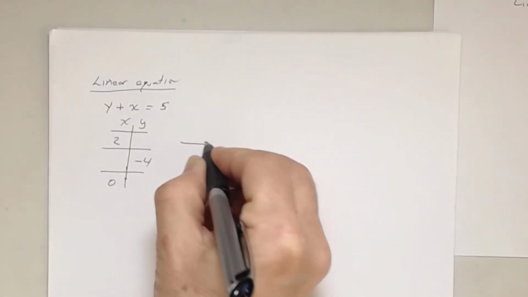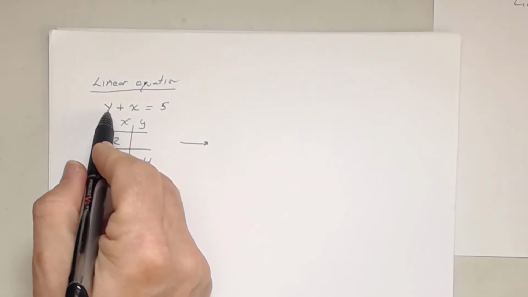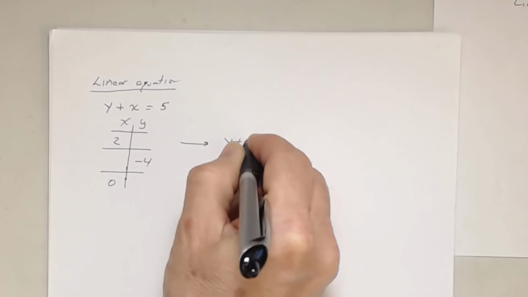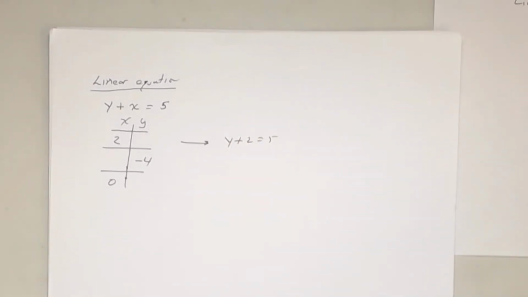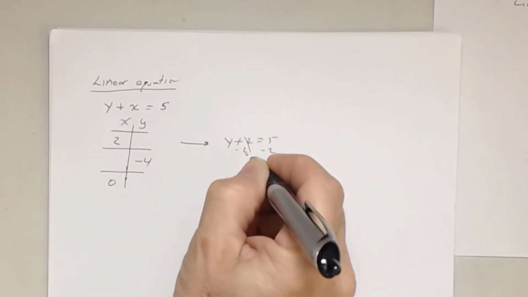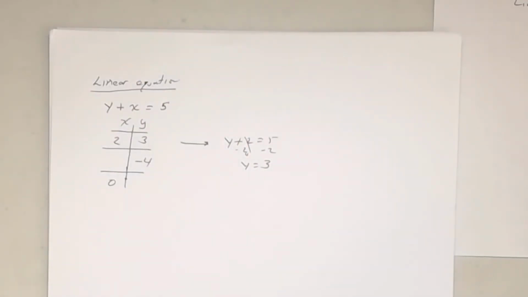So if X is 2, then Y plus 2 equal 5. Solve for Y: subtract 2 from both sides, and now you found your Y coordinate. So my Y coordinate is 3.